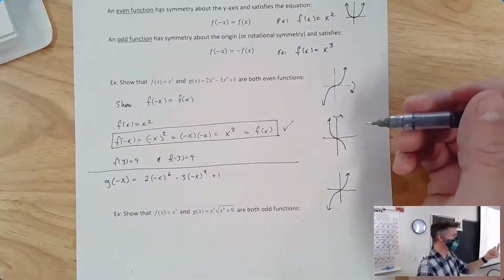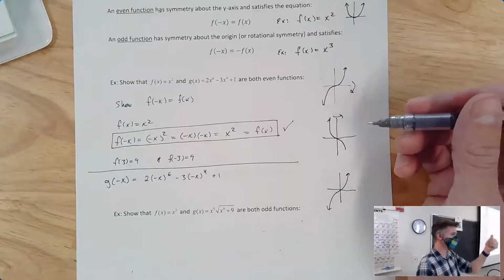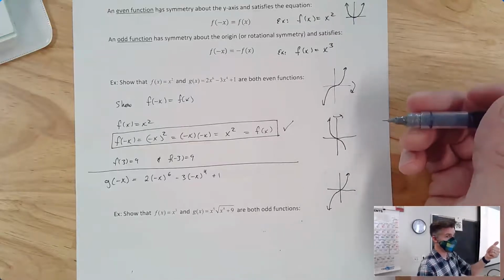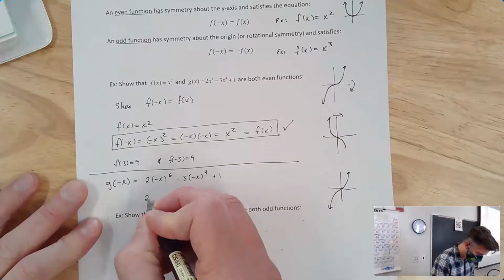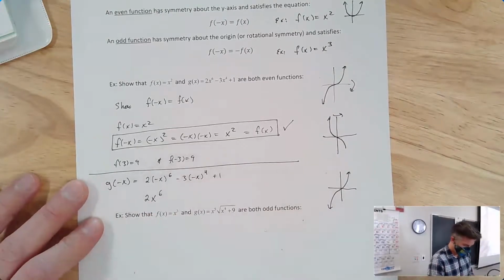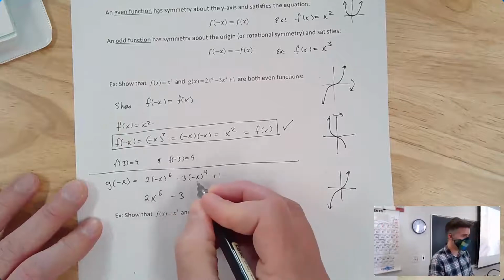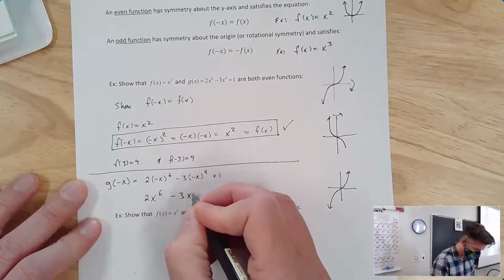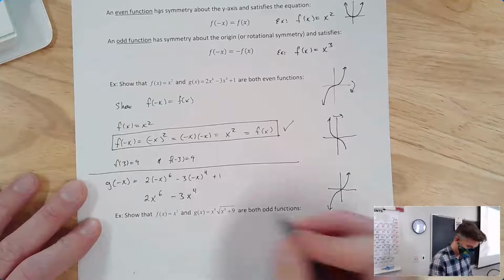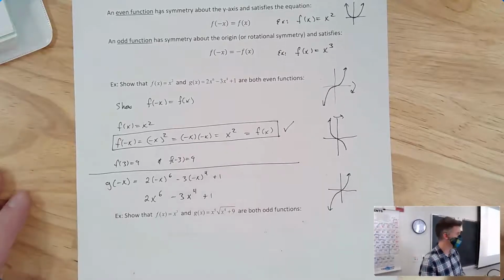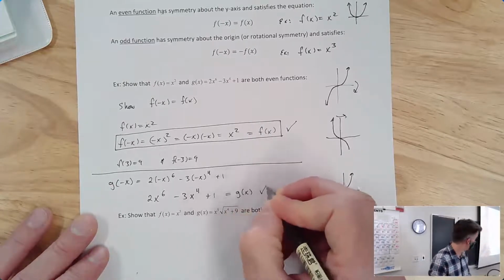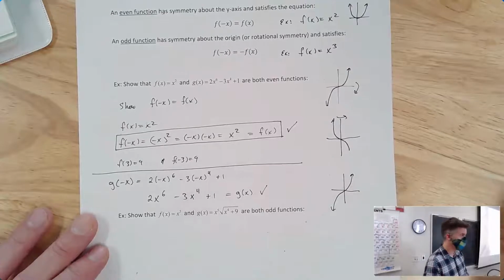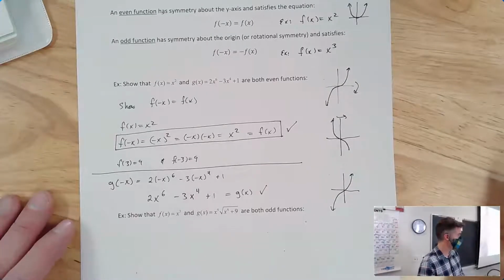Negative x times negative x times negative x times negative x times negative x times negative x is positive, because it's an even number of negatives. It's positive x to the 6th. And negative x to the 4th is positive x to the 4th plus 1. And that's the same thing we started with. That is the function g of x, which shows that that function is even.